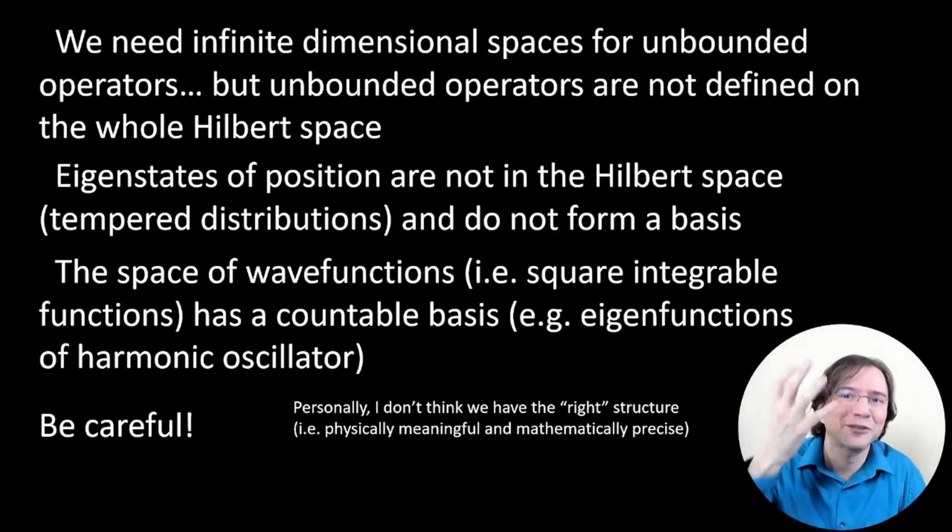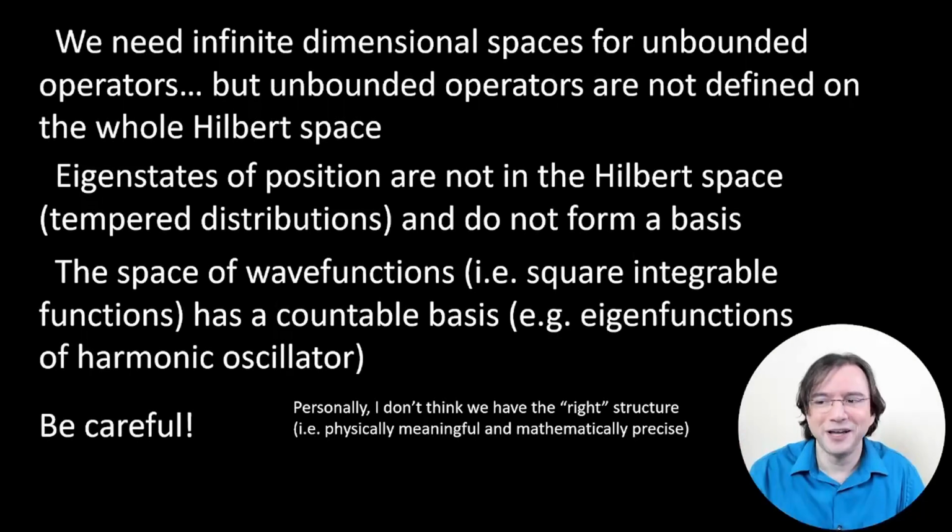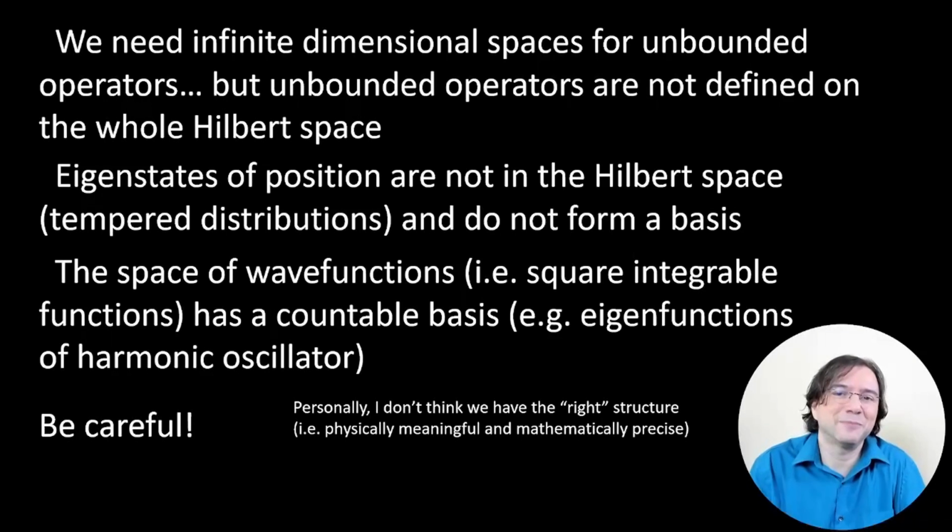So every vector in the Hilbert space maps to one physical state, is representing something, and that is also mathematically precise, right? We need both. We need something where all the elements of the space are physical objects, but also where the whole thing is mathematically rigorous. And I really think that the foundations of physics should look more carefully at these issues, which is something that I do in my research on assumptions of physics.